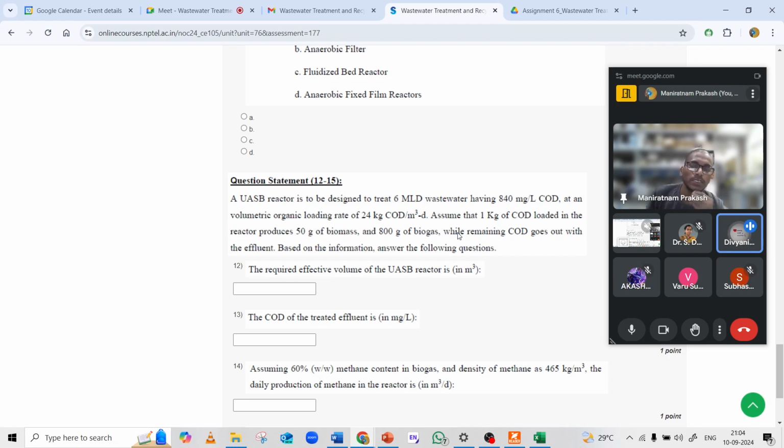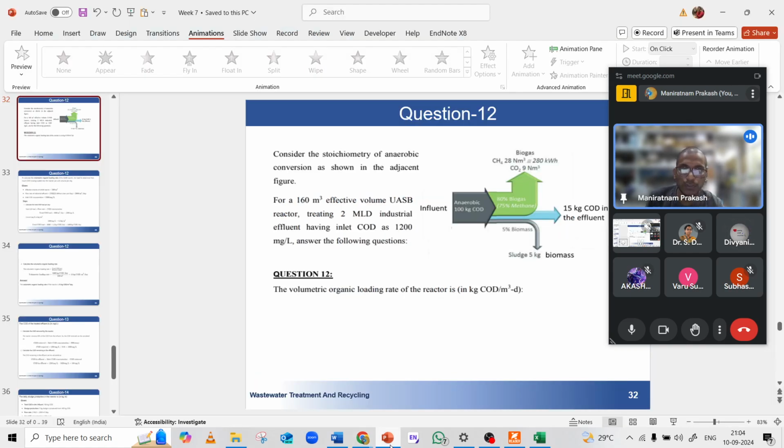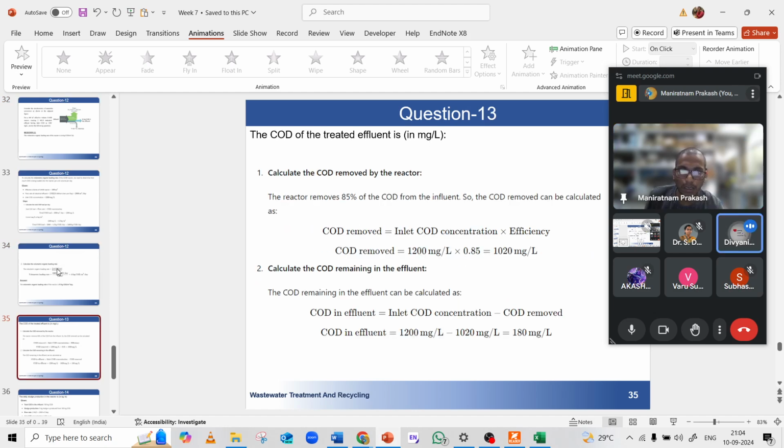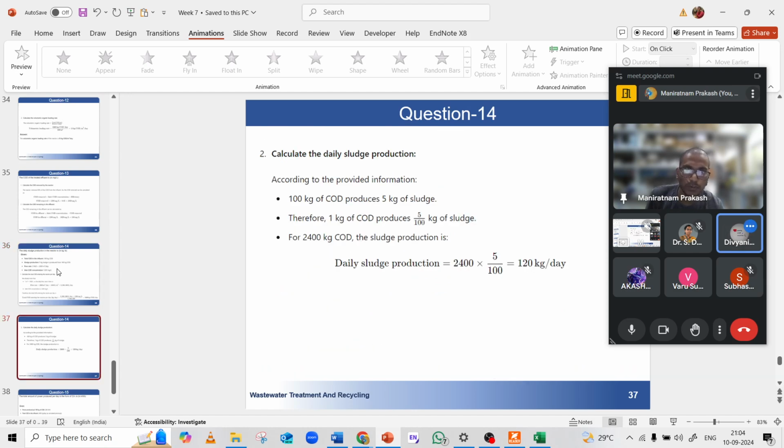See, it's just another way to represent the efficiency. From here you can see the efficiency is 85%, and you can have a screenshot of the solution.